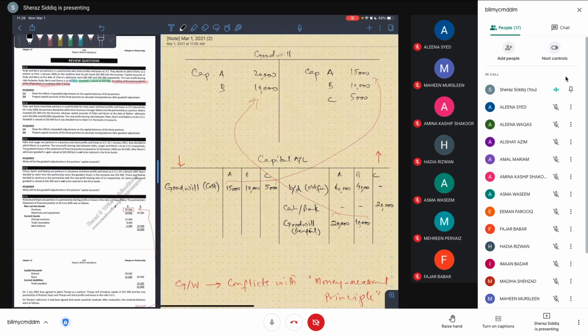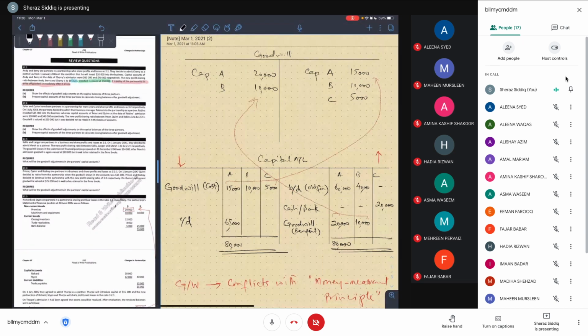Now, if we balance this account, we will get the new capital balances carried down over here. A's capital would be $80,000 total minus $15,000. That would be $65,000, right?